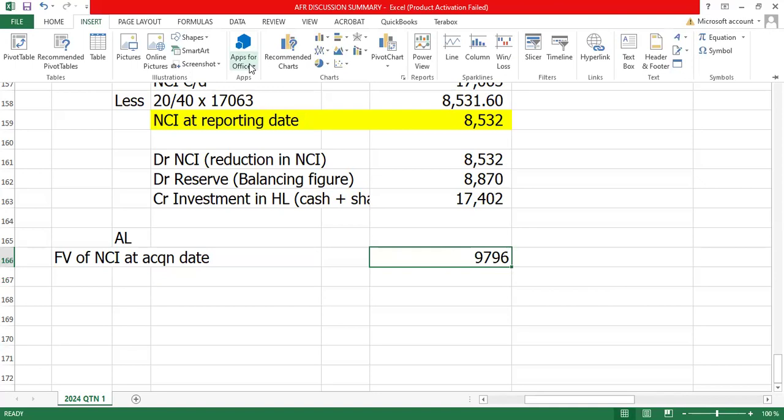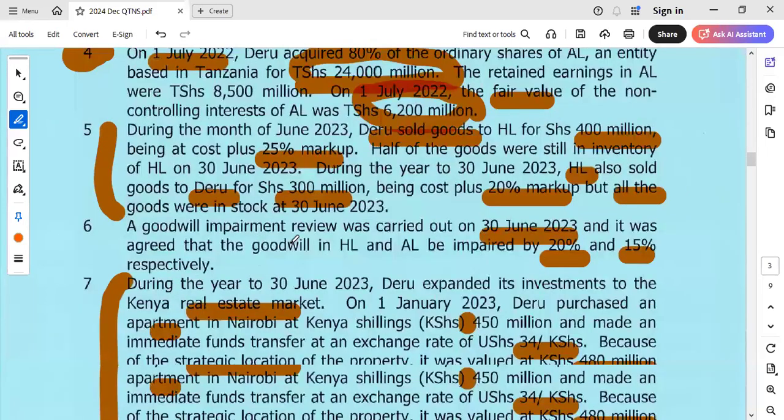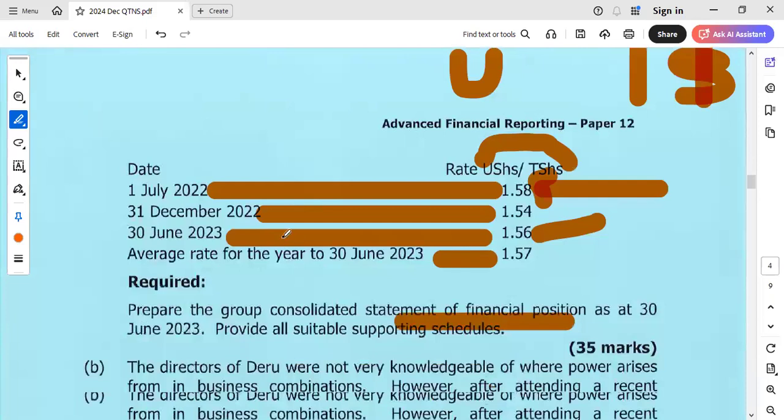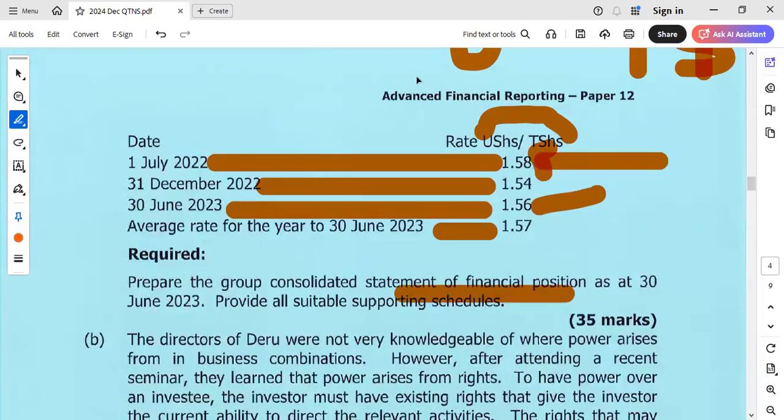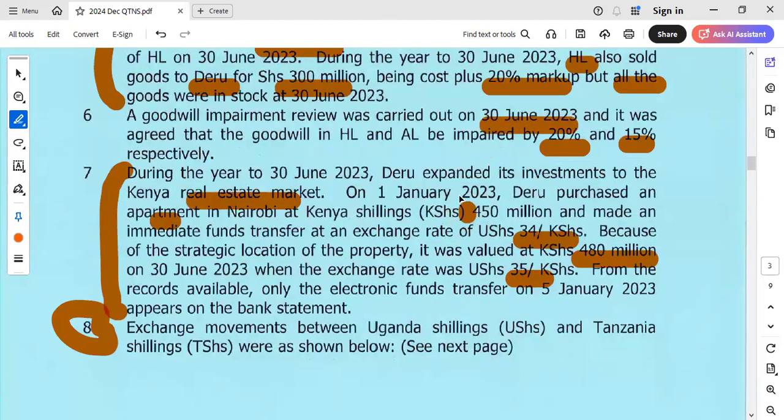We are getting this exchange rate, this figure times 1.58, isn't it?